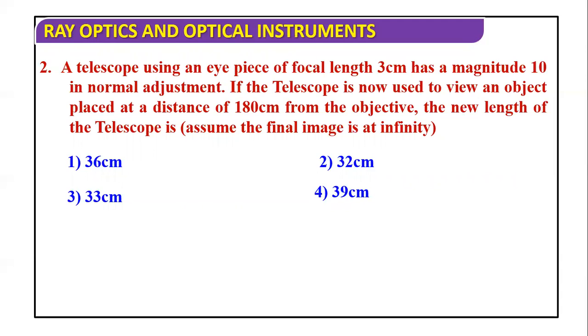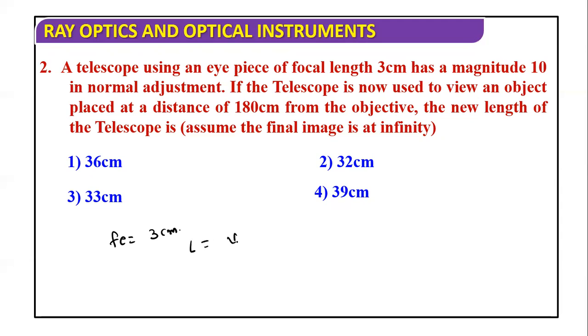Here, the eyepiece is of focal length 3 cm, and the magnification is 10 in normal adjustment. The telescope is now used to view an object placed at a distance of 180 centimeters.